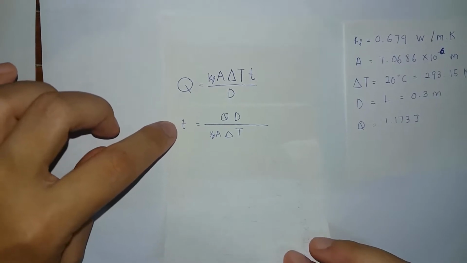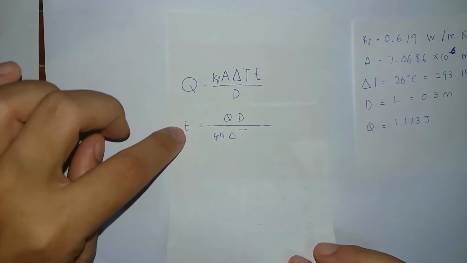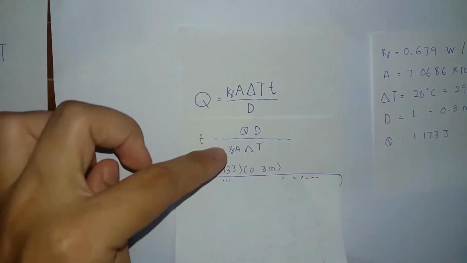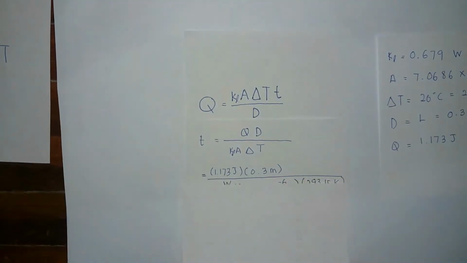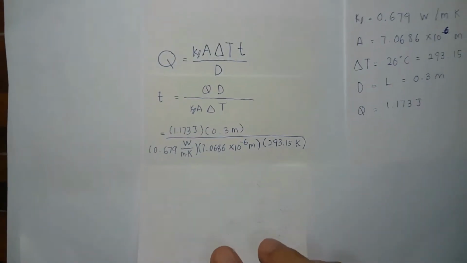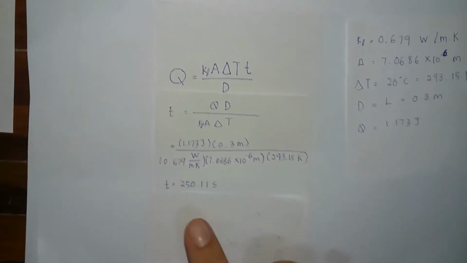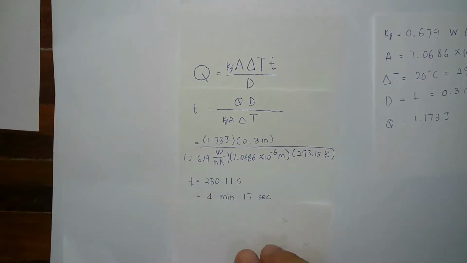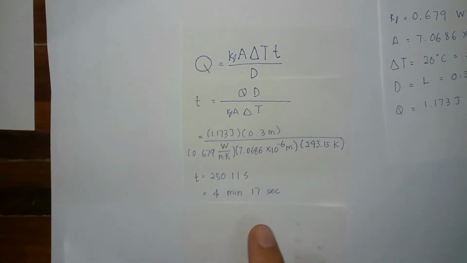we rearrange the equation to make T the subject, and it yields T is equal to QD over KL times area times delta T. Then we substitute the values into the equation, and we find that T is equal to 250.11 seconds, which is similar to 4 minutes 17 seconds.